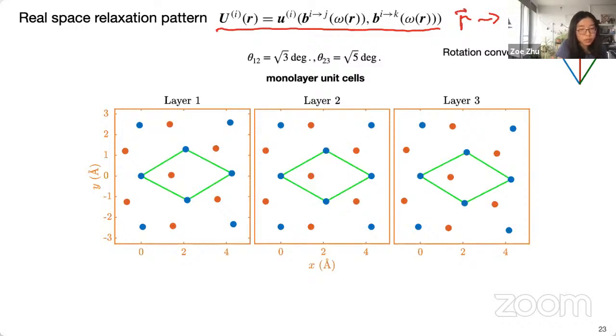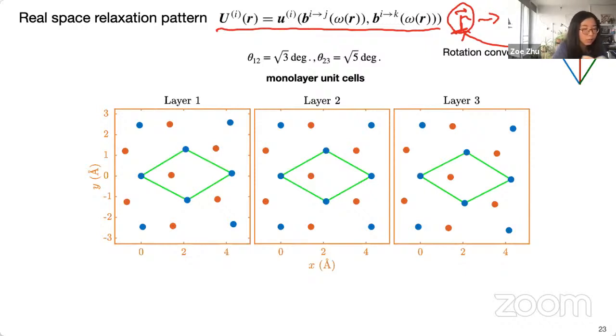And for every B vector, we have a relaxation vector corresponding to a layer L at this B. And then this will be our real space displacement vector at this R. We perform this mapping for every real space R, and that's how we obtain the real space relaxation pattern.